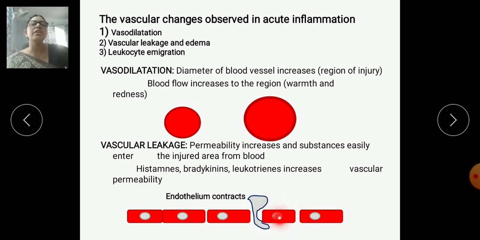Contraction means pulling, it has become small. As a result the gap has increased and they allow substances from the blood to move out. If this is my lumen and this is the outside of the endothelium, the substances from inside the lumen move out to the exterior. And who helps this? It is mainly histamine, bradykinin, and leukotrienes. They play a major role in increasing the vascular leakage, or as we call it, increased vascular permeability.